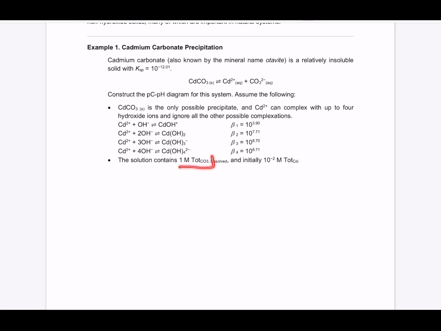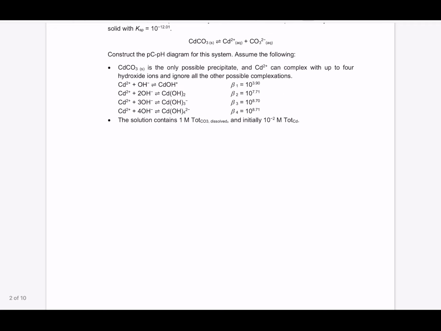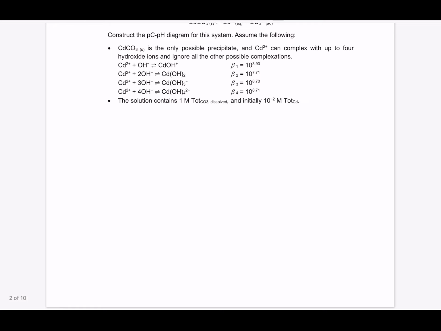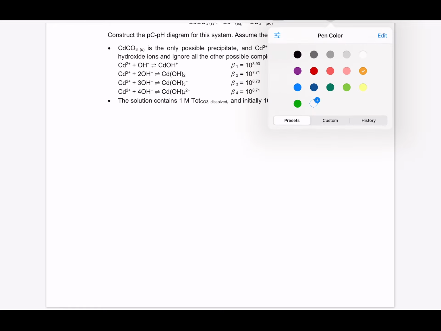But when we look at the relative value of the two, we see that if all the cadmium is complexing with carbonate, then that would be just 10 to the minus 2 compared to 1 mole of carbonate. So it's fair to assume that the concentration of total carbonate doesn't change, even though it might change, but it's not significant.